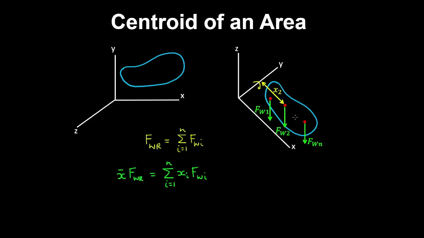So we expect the resultant is going to act on the body where most of the weight is, and produce some moment about y, with the moment arm being x bar.